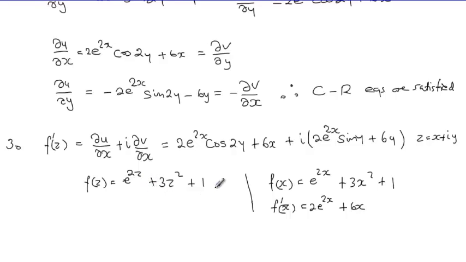Then that suggests that if these functions satisfy the same rules like the power rule and so on, then this derivative will look exactly like 2e^(2z) plus 6z, because it satisfies the same rules of differentiation as functions of real variables, if it is analytic.